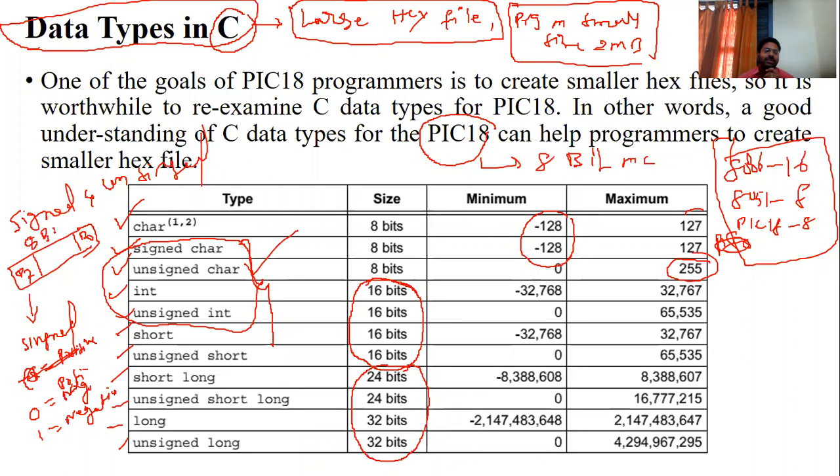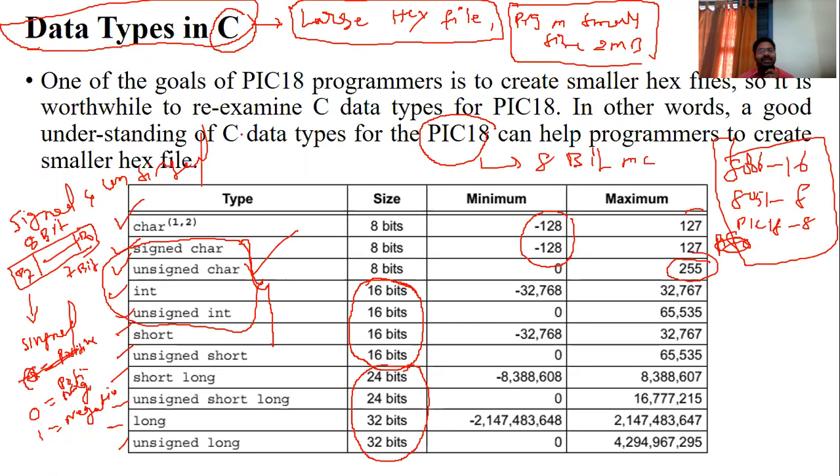So what is the register size? It is 8-bit only. Out of 8 bits, 1 bit is assigned to know whether it is a positive number or a negative number. So out of 8 bits, you can utilize only 7 bits. The 8th bit is dedicated to 0 or 1, to tell whether it is a positive or negative number.